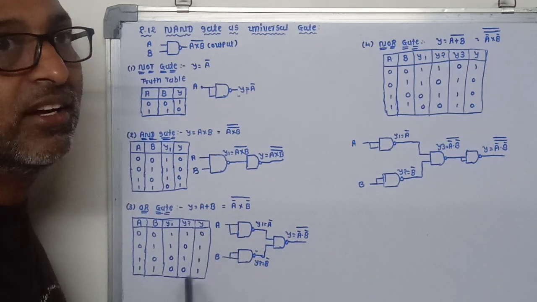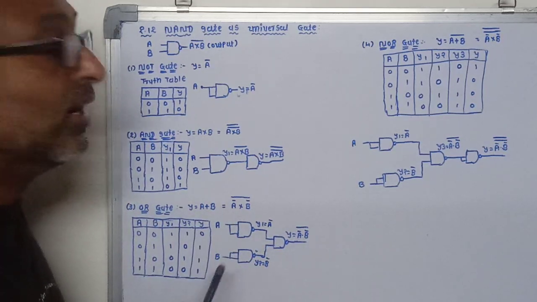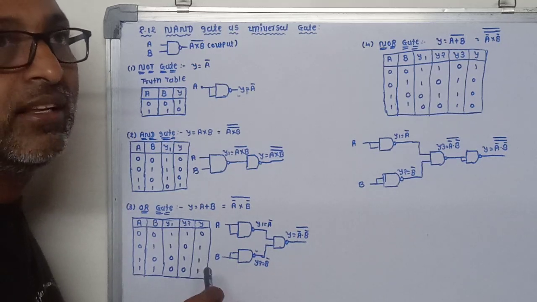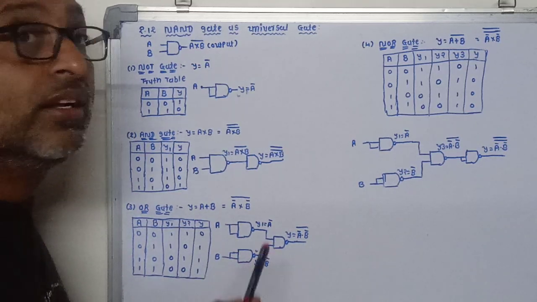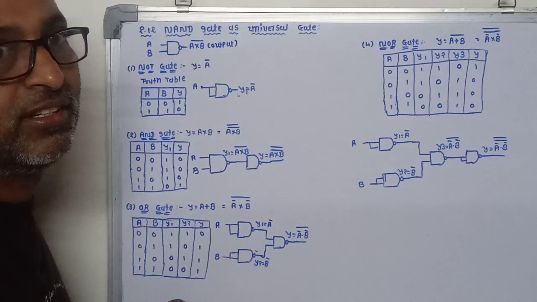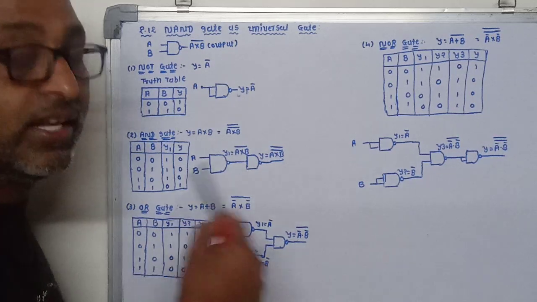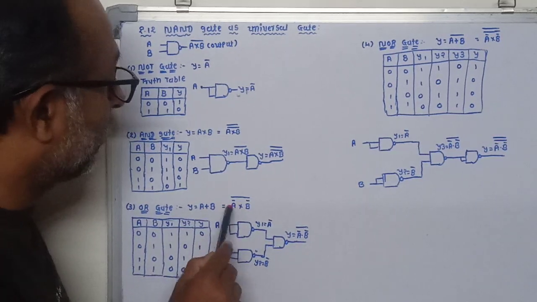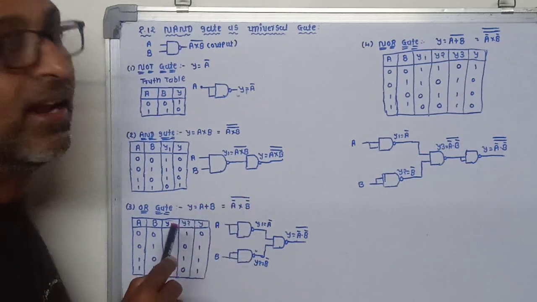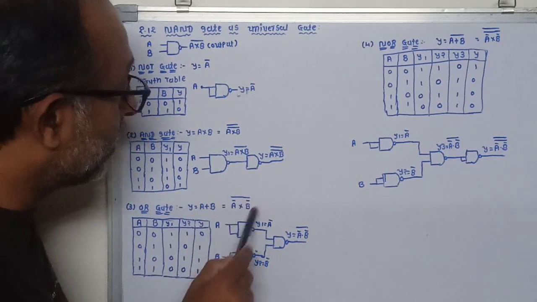That means we require the output to be the complement of this input. That means if it is 0, then it becomes 1. So here that's why I am taking A bar into B bar and whole bar. So it is the most important.